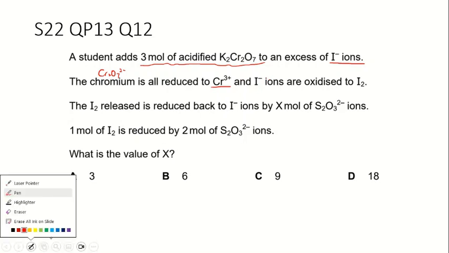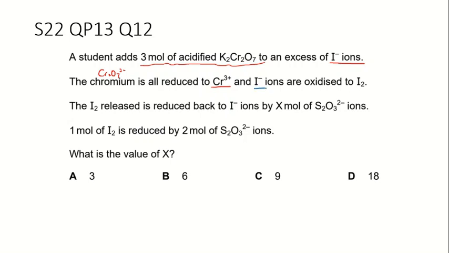And the iodide ions are all oxidized to iodine. So I'm going to write an equation to find the stoichiometry of this redox first. So I have chromium, Cr2O7 2-, chromium in dichromate ions reacting with iodide ions.